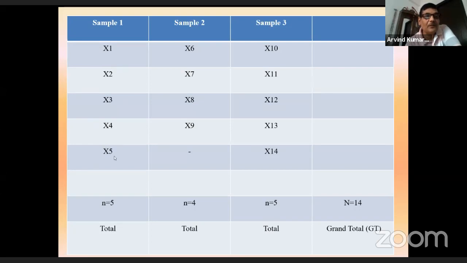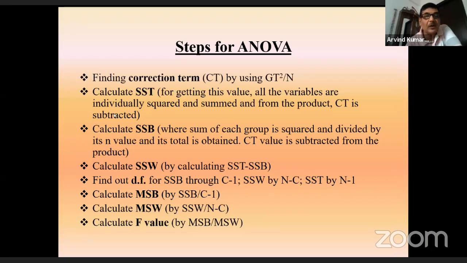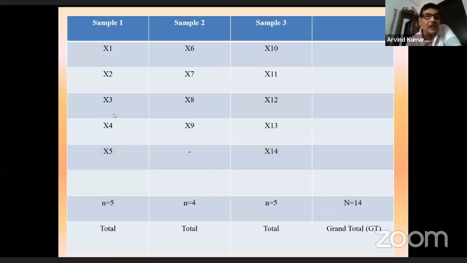You can say 5 individuals have been observed, or 5 different types of experimental results are there. So in such a case, its total will be taken, and the number of cases observed in sample 1 is 5. So n is equal to 5, and then the sample's total could be there.